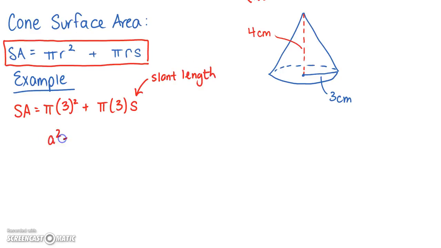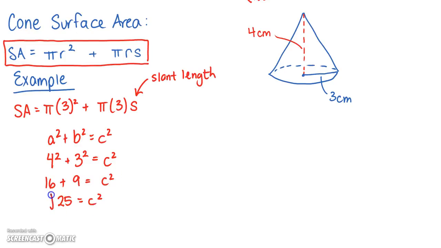So a squared plus b squared equals c squared. A is going to be your perpendicular height, 3 is going to be your radius, and it works out to c squared. Now this one is a Pythagorean triple, so I know that if I work this out, 16 plus 9 is going to equal my c squared. 25 equals c squared. If I square root both sides to get just c by itself, you get 5.